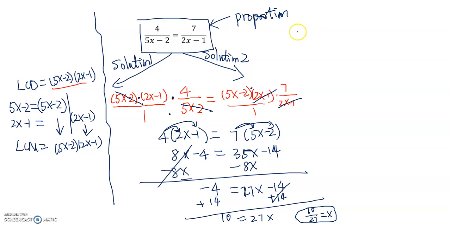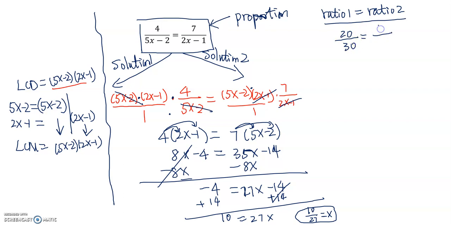A proportion is a concept where two ratios are equal to each other. So we have ratio 1 equals ratio 2. For example, maybe in one university class, there are 20 female students versus 30 male students.